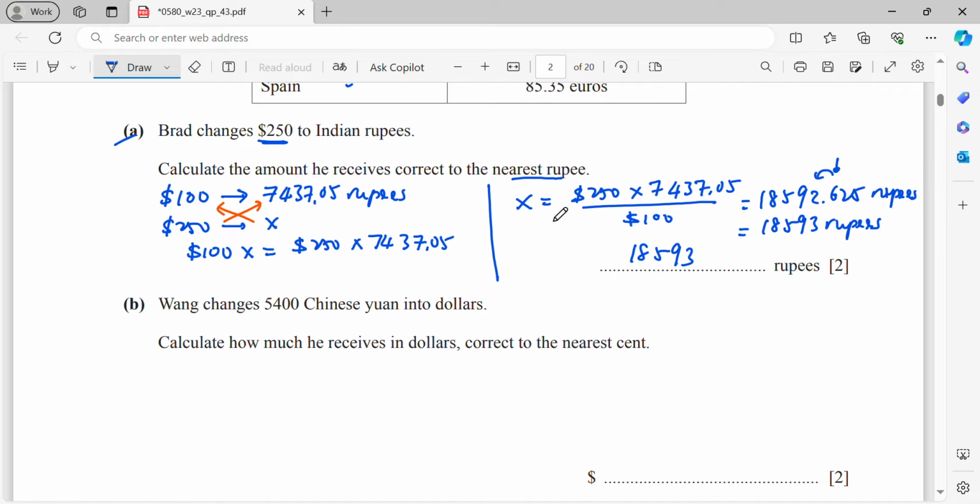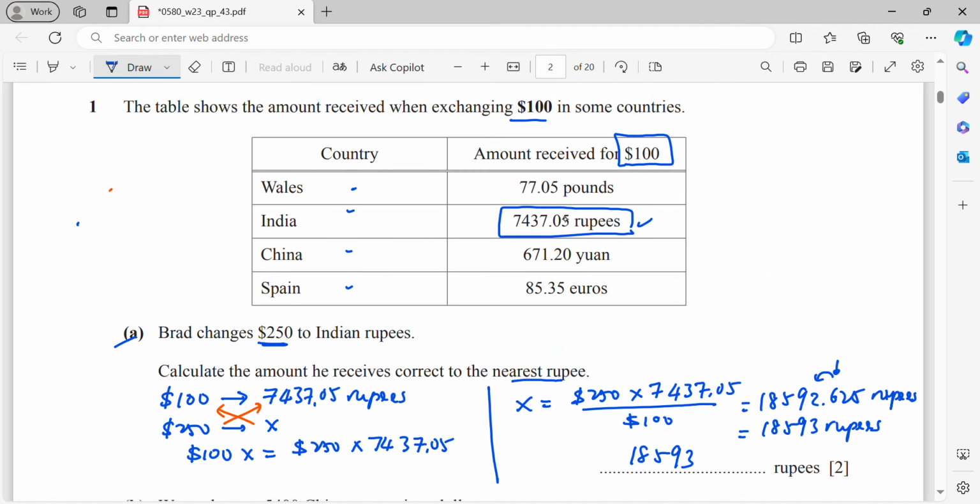Okay, now part B. Wang changes 5,400 Chinese yuan into dollars. Calculate how much he receives in dollars correct to the nearest cents. So now for Chinese yuan, it will be 671.20 yuan equivalent to $100.